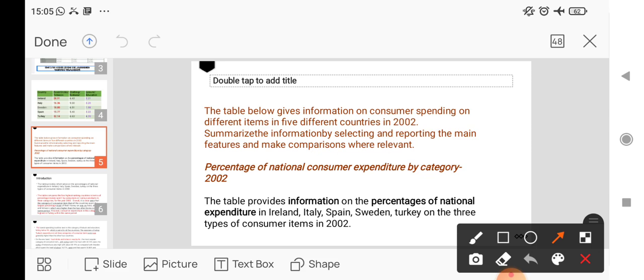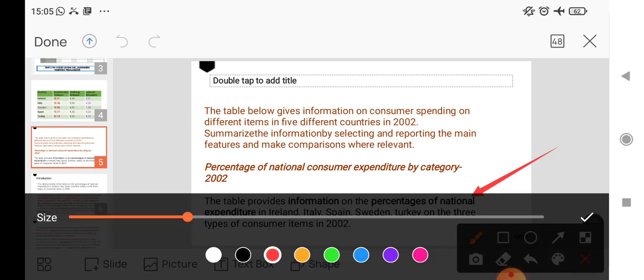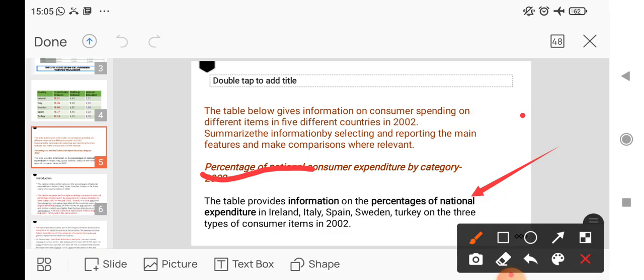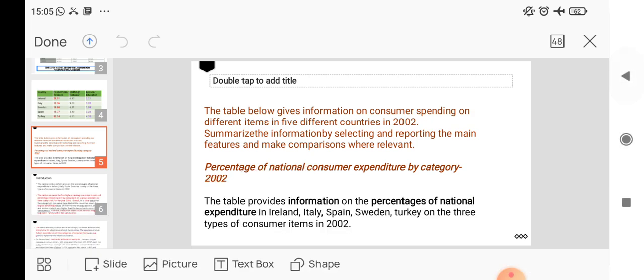For example, these percentages of national expenditure was lifted directly from here. Look at it. Percentage of national expenditure was lifted directly from there, and that's not good.